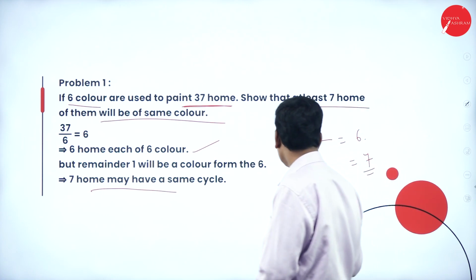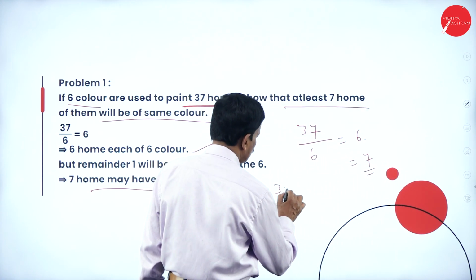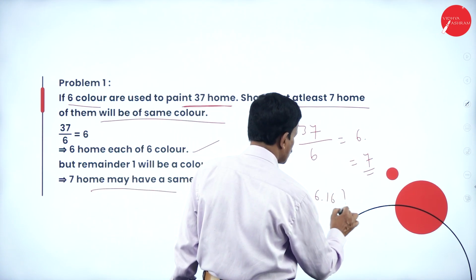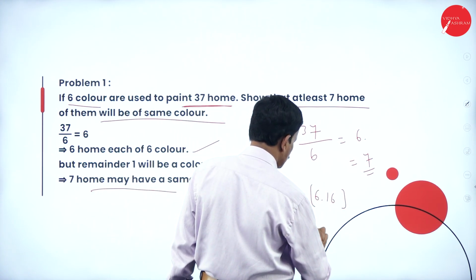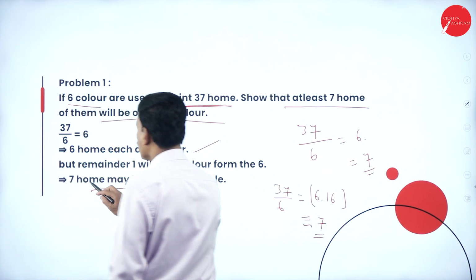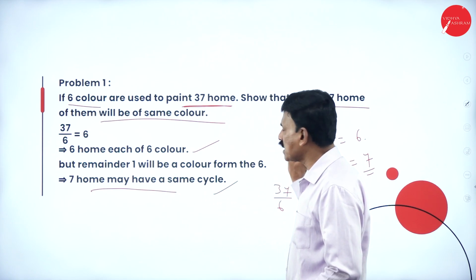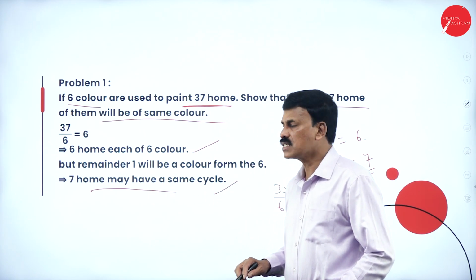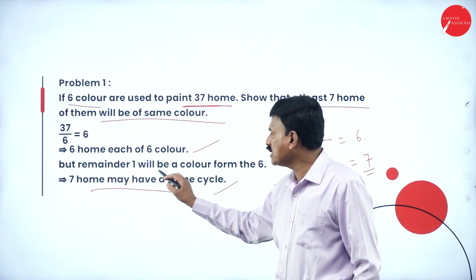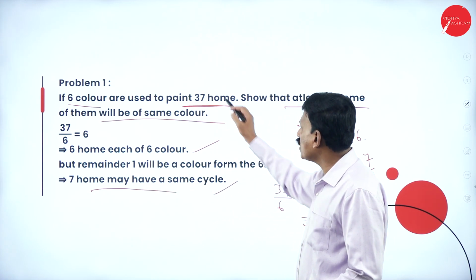So if we divide 37 by 6, this is 6.16, and the greatest integer is 7. So therefore at least 7 homes will have the same color. See here, 6 homes of each color, and the remainder 1 will take a color from the remaining 6.